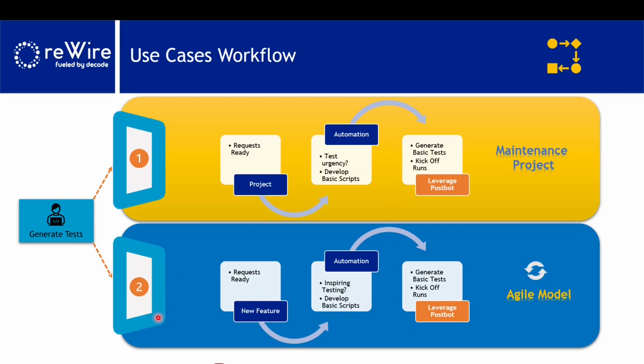At the same time, there is another use case which I have already talked about. Typically we experience the agile model, and if a new feature is introduced that is complex, with 10 to 15 API calls available, and that needs to be tested extensively, in such a case this is a good candidate to leverage the Postbot feature, that is generate tests.